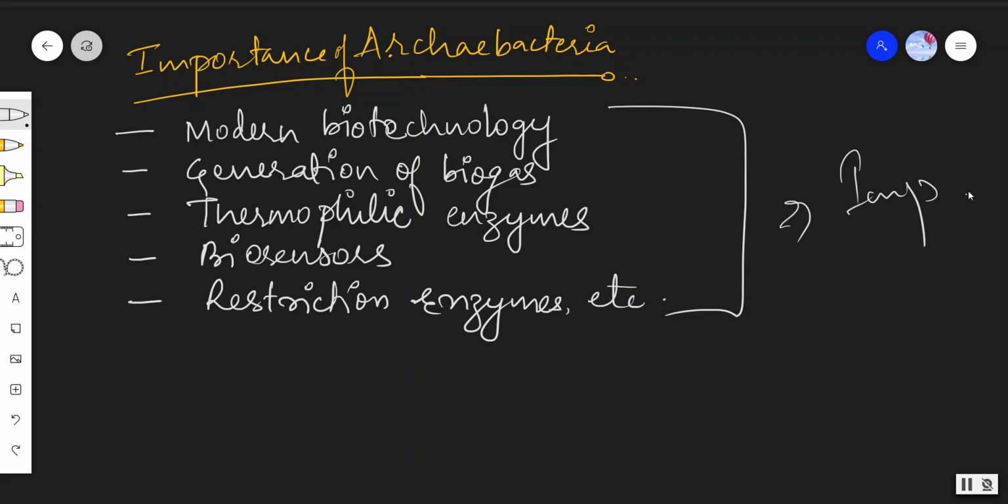And further, Eubacteria is divided into two, that is bacteria and cyanobacteria. Cyanobacteria is also known as blue green algae, that is BGA. So we have discussed here the first division, Archaebacteria.